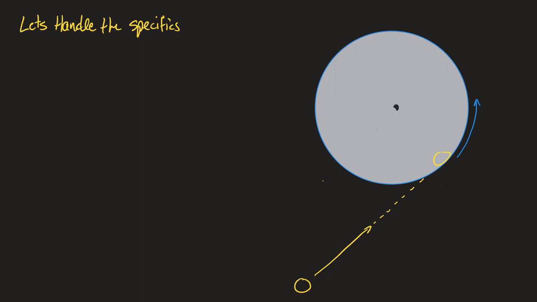So, is there a way to take what we know about the kid's motion and figure out how much angular momentum the kid has? And the answer is yes. But it's a little bit hard to understand, so let me break it down for you. What we say is that the kid has angular momentum.